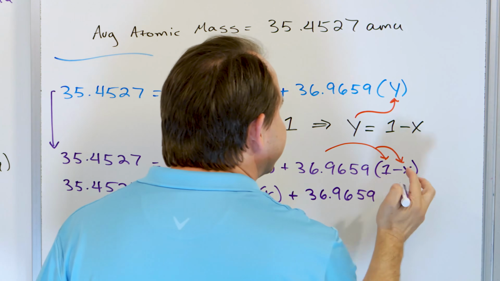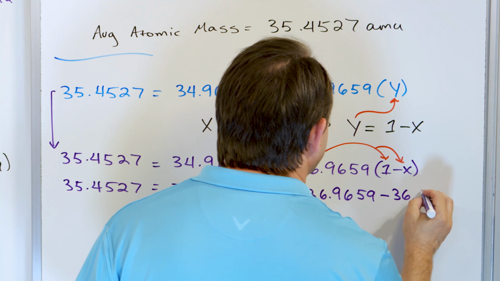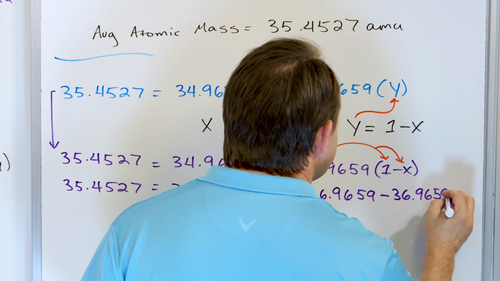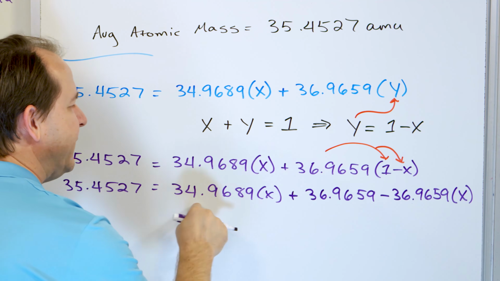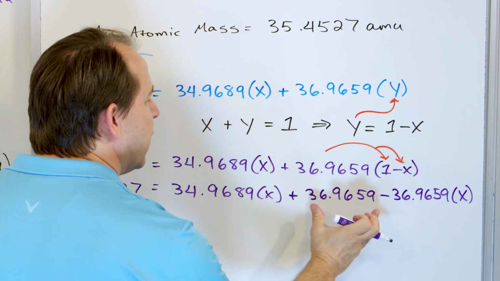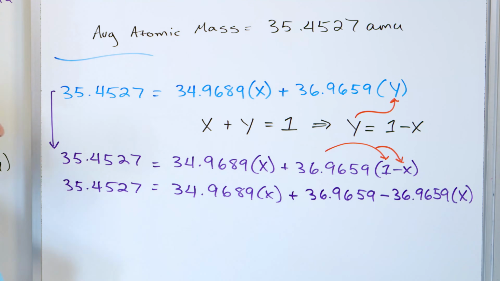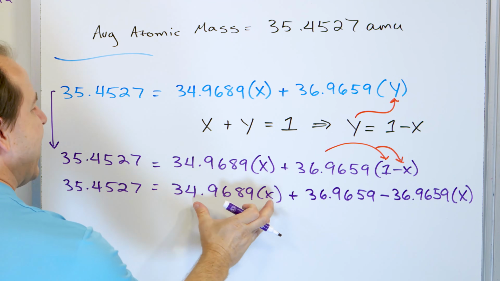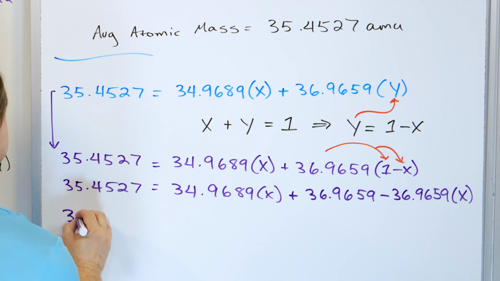And then we have a minus sign here, so it's going to be minus, and then this times x, 36.9659 multiplied by x. Make sure you understand, everything is copied from the previous line. We just take this times 1, and then this times negative x, so you have a negative this times x. So now we have to collect like terms. We have an x term here and an x term here, so we're going to combine that.